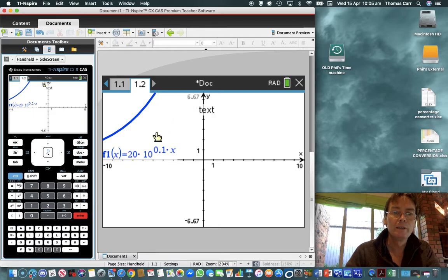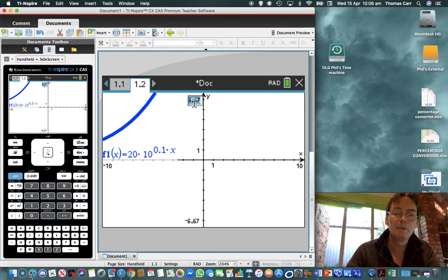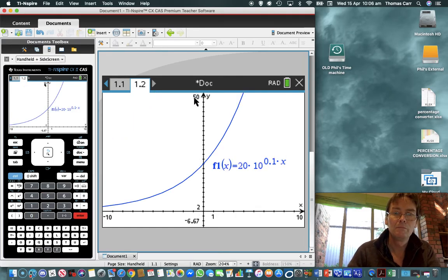Don't forget, if the graph isn't where you want it, you can't see what you want, you can double click here and change the number. I'm not really interested in negative years, they don't make sense in this problem.